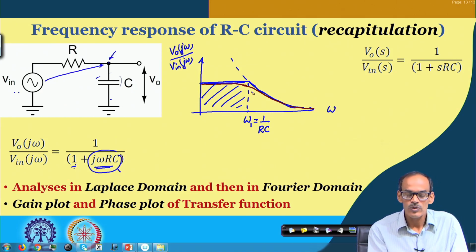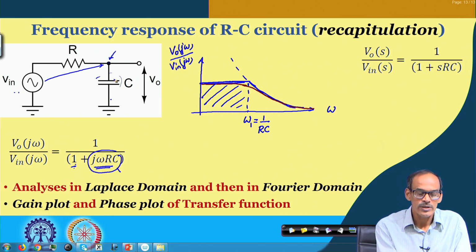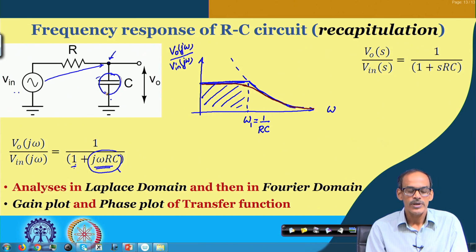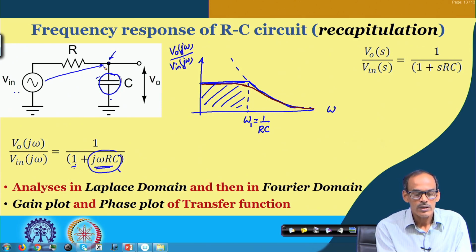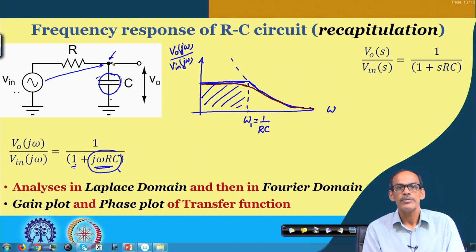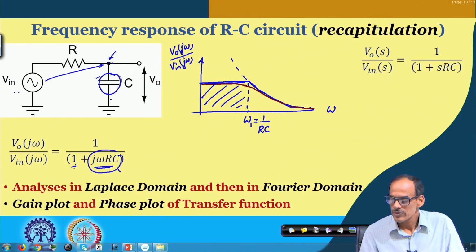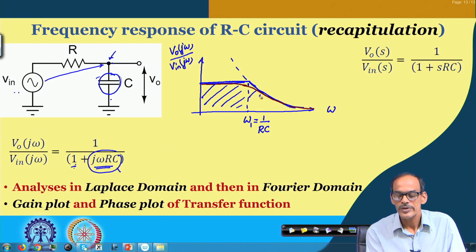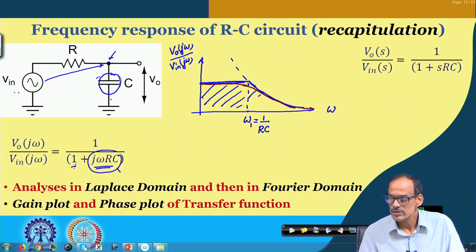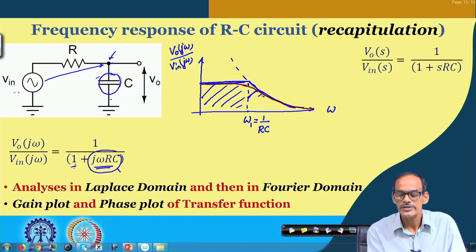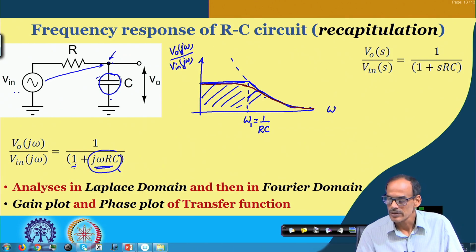On the other hand, if you go to higher and higher frequency, the capacitor's impedance may drop, and then the signal at the output will be dropping. So if you consider frequency beyond this omega 1, the signal is getting attenuated.